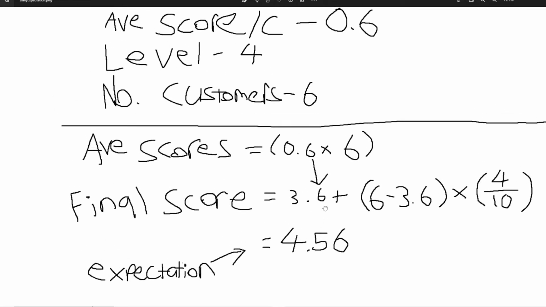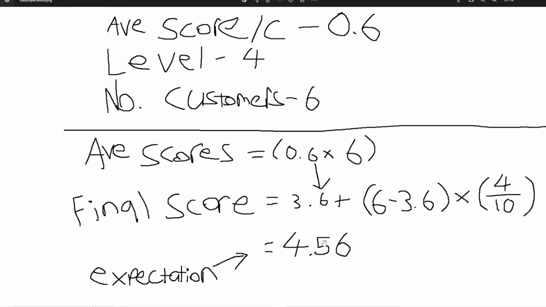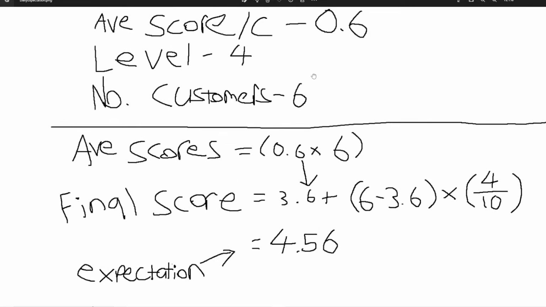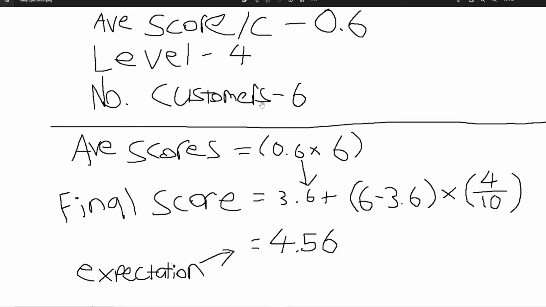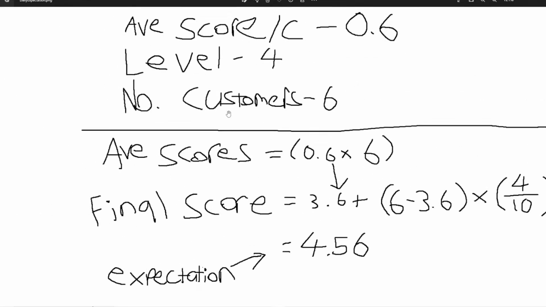That's the expectation when considering just the average stuff. It's 3.6, and this is actually doable because there's 6 customers, and the max score you can get from each customer is 100% or 1. It's kind of weird how it's calculated. It's calculated in percentages, then it gets added on, and that's kind of the expectation right there.